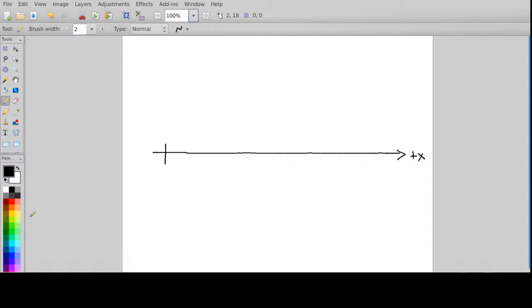So I guess we can make these masses red. Right here, this one is M1, and it is at x1 equal to 0. Now M2 is at 1.5, so we move along to here.